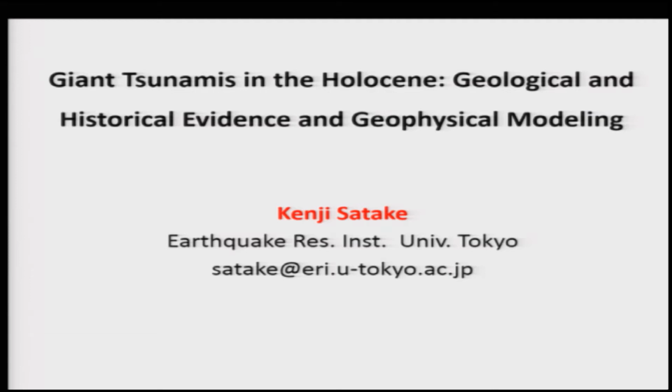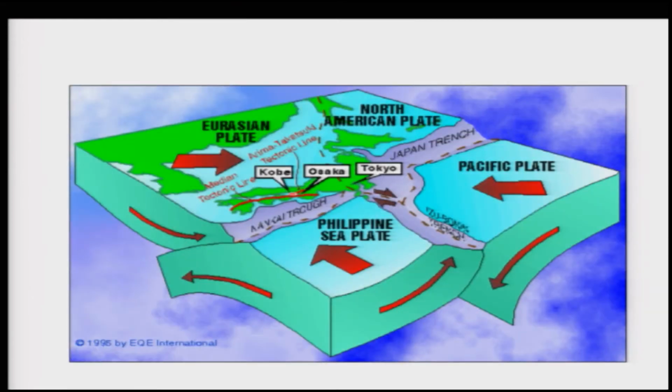Now if you look at Japan, what we see is that we have a very prominent subduction zone, which we call the Japan Trench, where the Pacific plate is subducting below the North American plate as well as the Philippine plate, and then we have the Philippine plate subducting below the Eurasian plate.